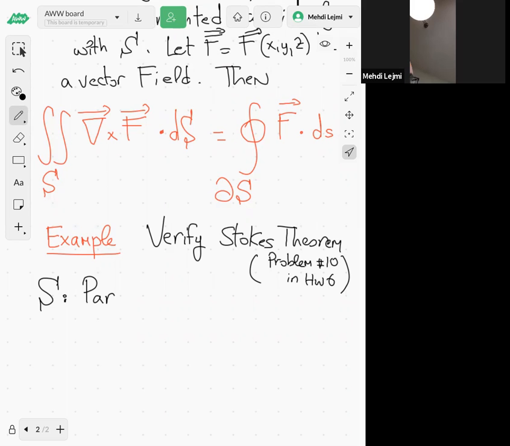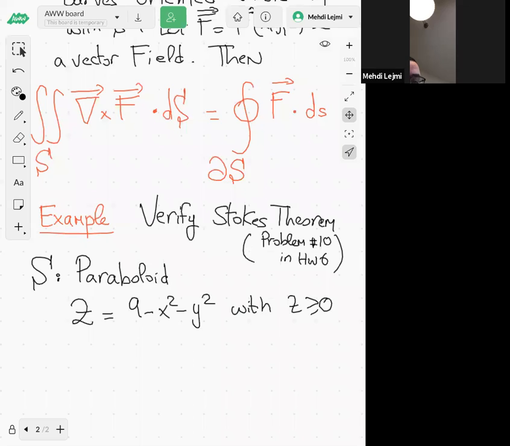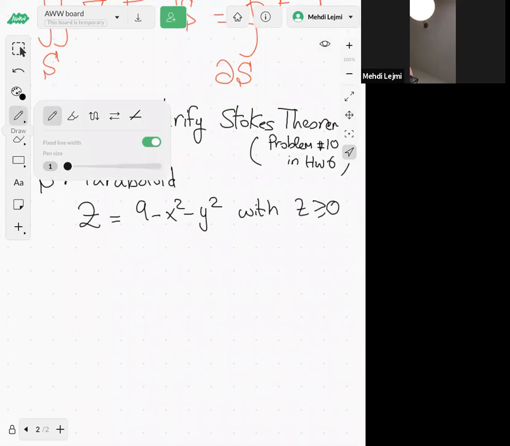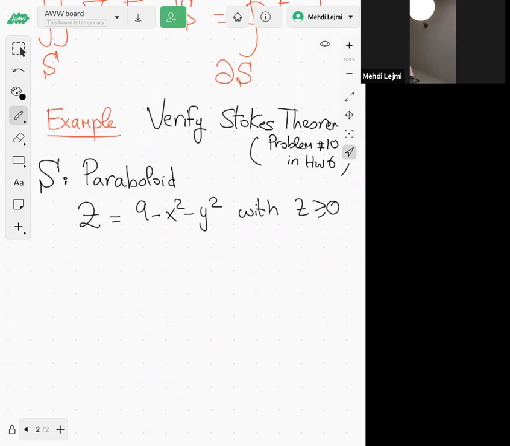Okay, so let's say you have the paraboloid z equals 9 minus x squared minus y squared, with z positive or 0. Okay, and so we fix an orientation on this paraboloid. We orient S with an upward pointing normal vector.